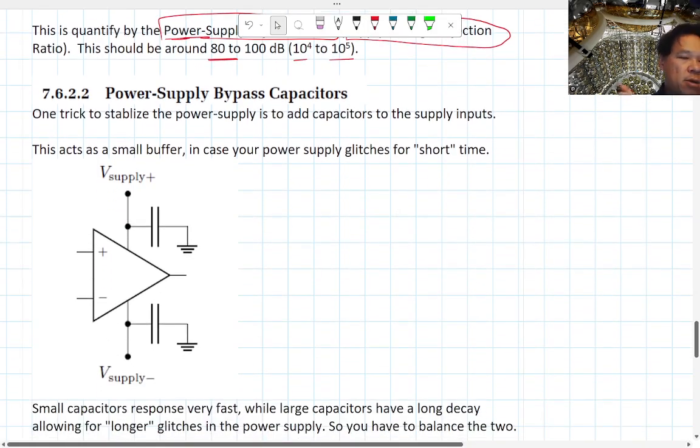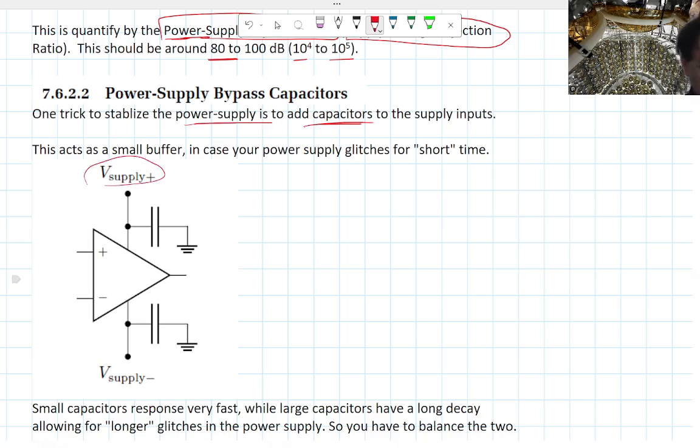And you can even enhance this if you want, by adding capacitors to your power supply input. In the drawing here, you have the V plus here, VCC, I'm just going to call it VCC, and VEE here. What you do is you add a capacitor in parallel, connected to the ground here.